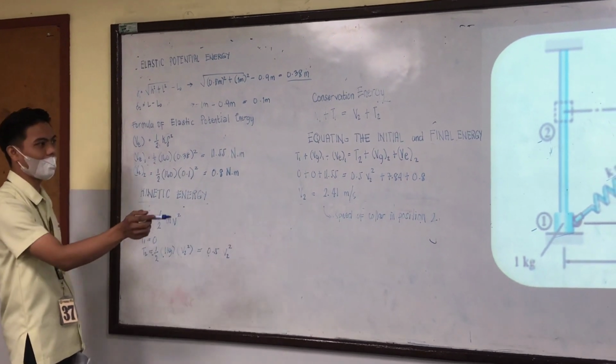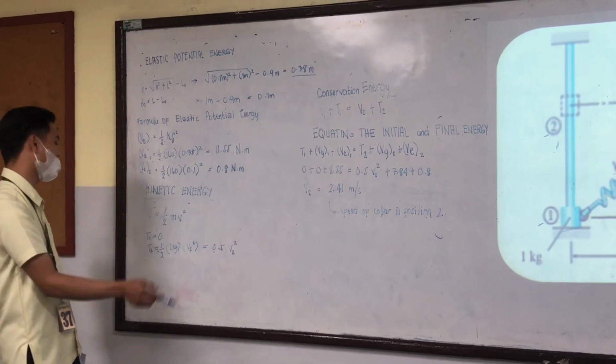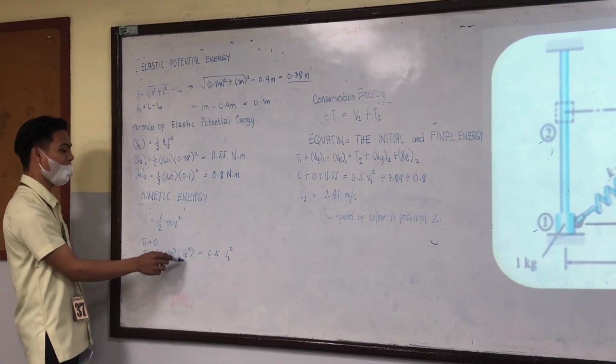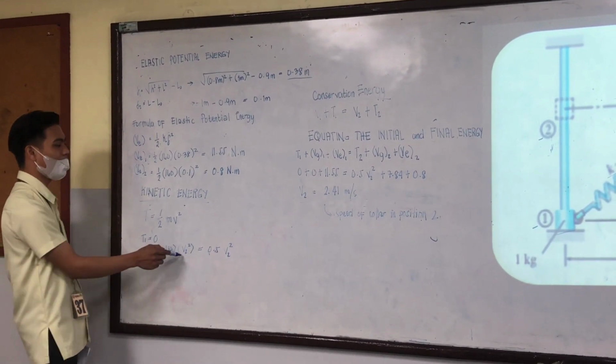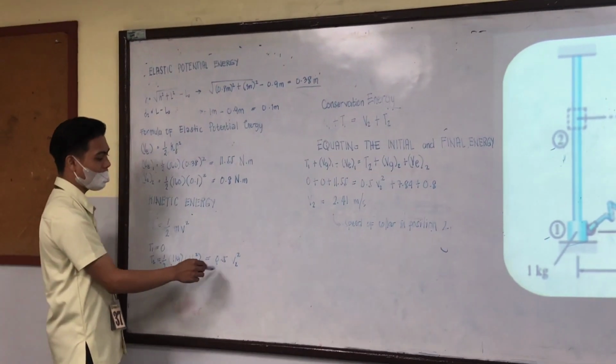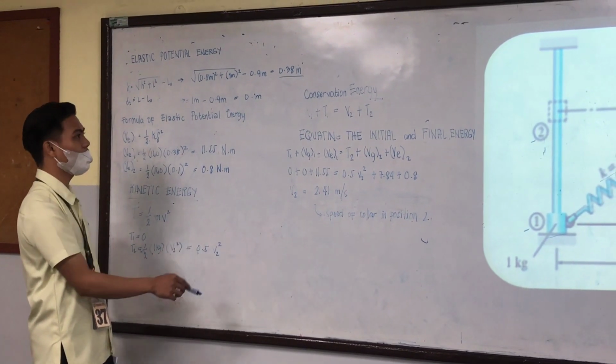The mass or the weight of the collar, as mentioned in the problem, is 1 kilogram. So 1/2 times 1 kilogram times the unknown, which is the speed, that we need to find in the problem. So we get 0.5 v sub 2 squared.